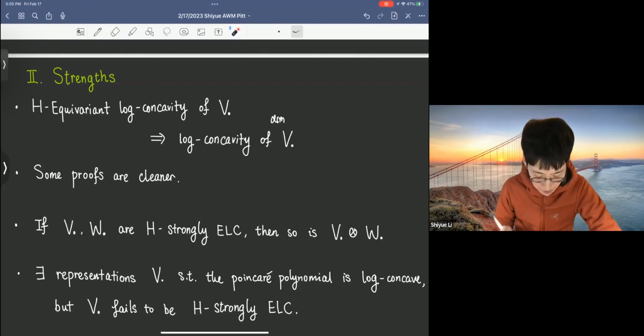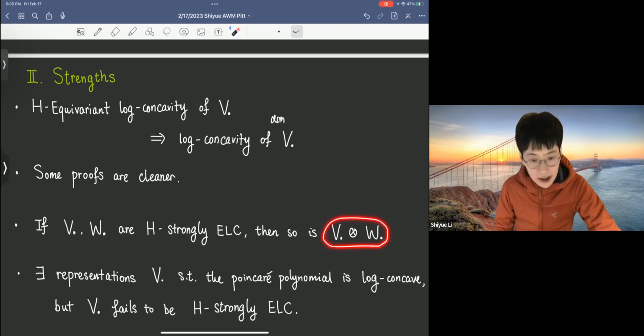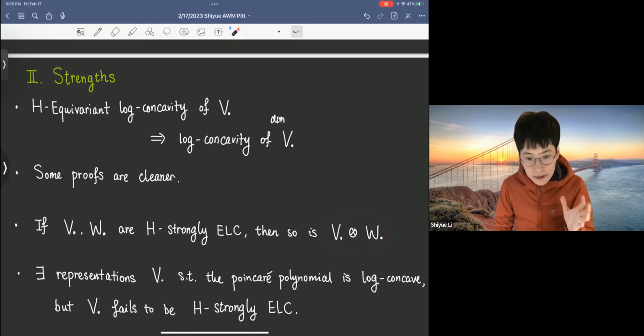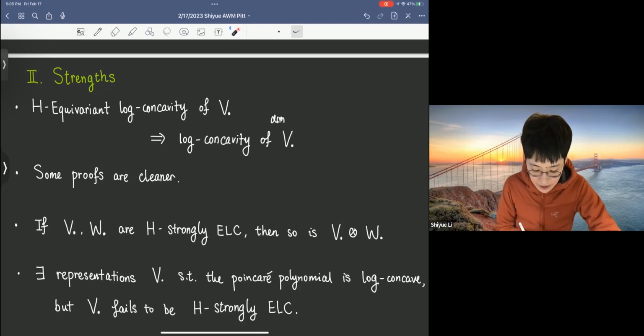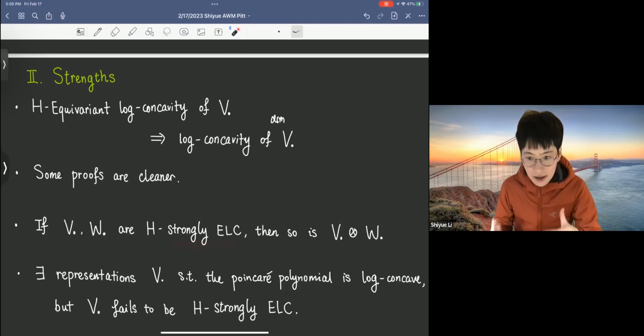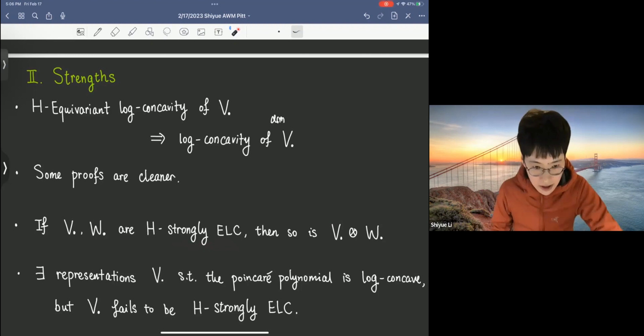And the third thing is that if you have two strongly equivariantly log concave representations, so is their tensor product. This is something that's a little bit subtle when you are just looking at sequences without looking at vector spaces. In the case of sequences, it's not necessarily true that if you take their product, the resultant thing is also log concave.